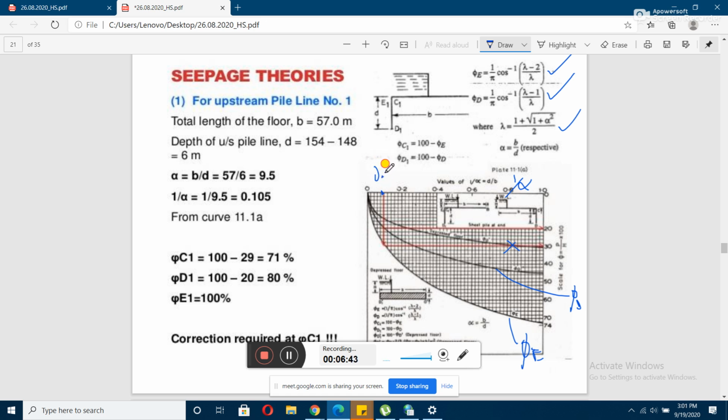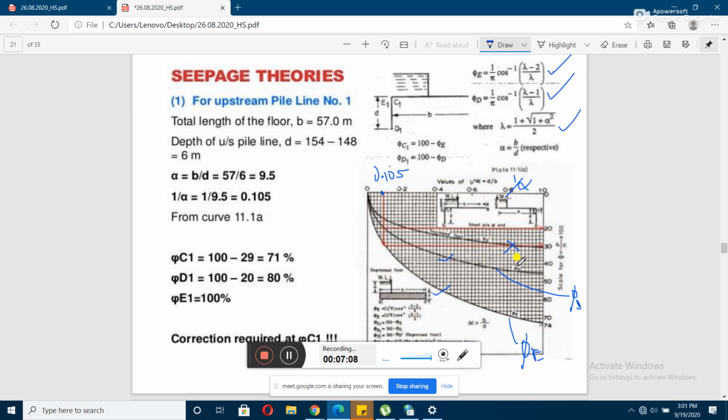Okay, so from that you have to draw a perpendicular to these two graphs, that is this graph and this graph. Then at the point it intersects the graph, from that you have to draw a horizontal, and that value will give us the value of phi d and phi e.